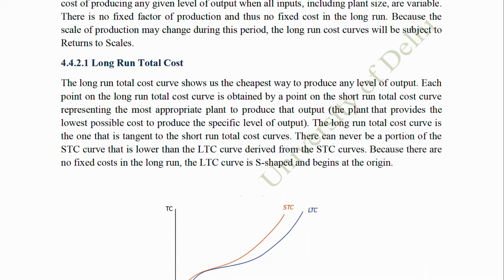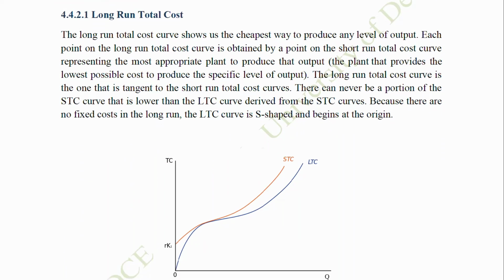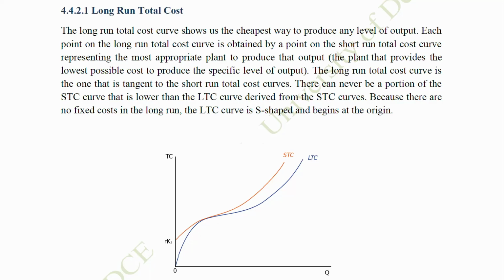4.4.2.1 Long run total cost. The long run total cost curve shows us the cheapest way to produce any level of output. Each point on the long run total cost curve is obtained by a point on the short run total cost curve, representing the most appropriate plant to produce that output, the plant that provides the lowest possible cost to produce the specific level of output. The long run total cost curve is the one that is tangent to the short run total cost curves.